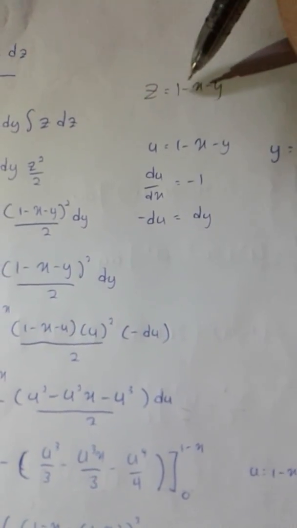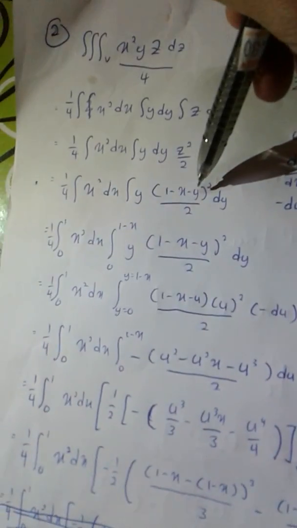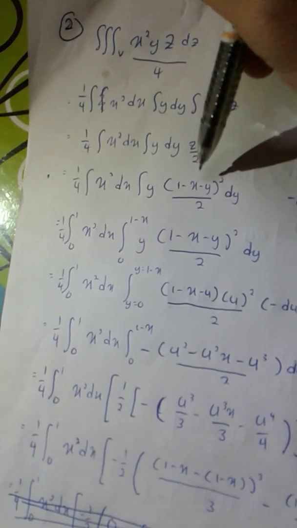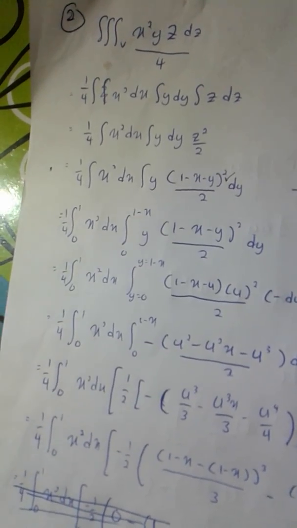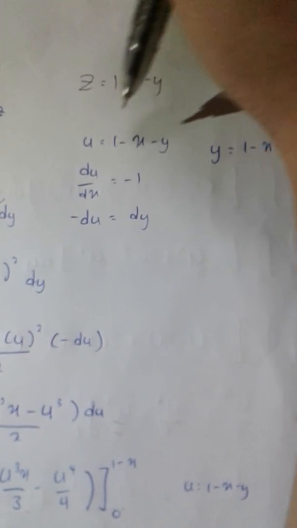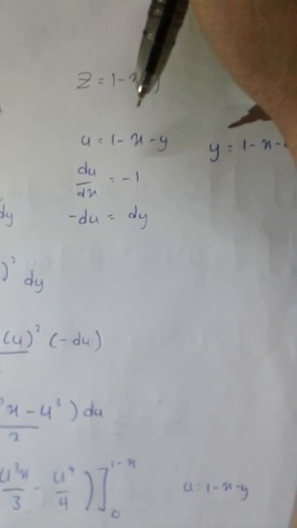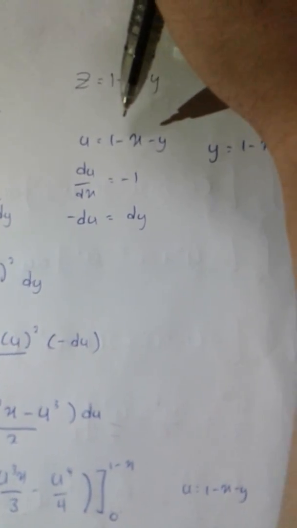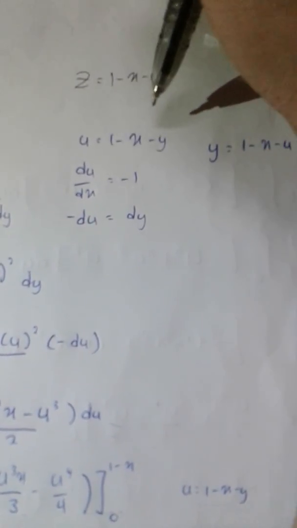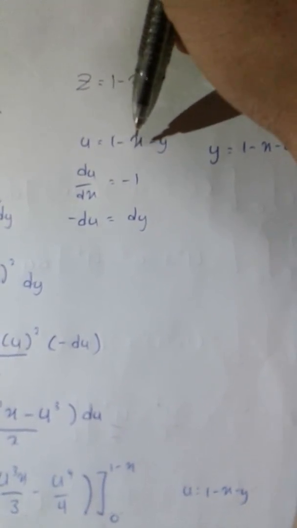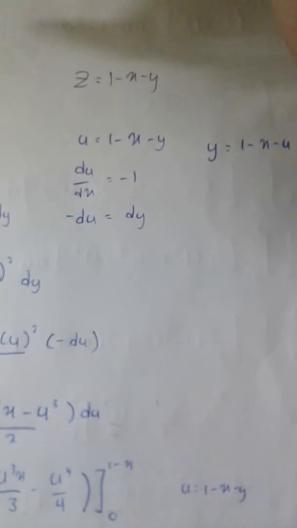Then we put this value into the equation and we get this equation. To make it easy, we use the substitution method for integration. We let u equal 1 minus x minus y.